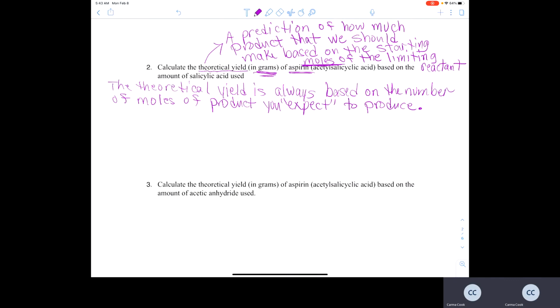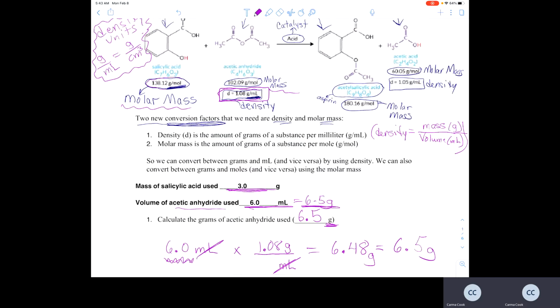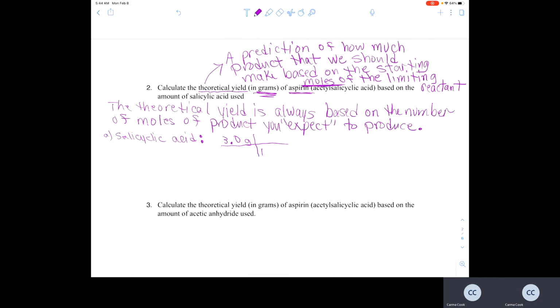And so we're going to take the grams of each reactant. Our first reactant was the salicylic acid. We had 3 grams of it. And we're going to divide this 3 grams by the molar mass of salicylic acid, 138.12 grams per mole. Remember, grams is what we're getting rid of, so grams go in the denominator.